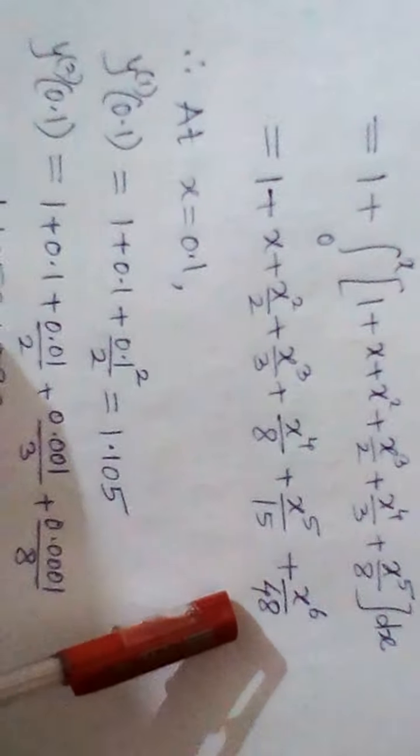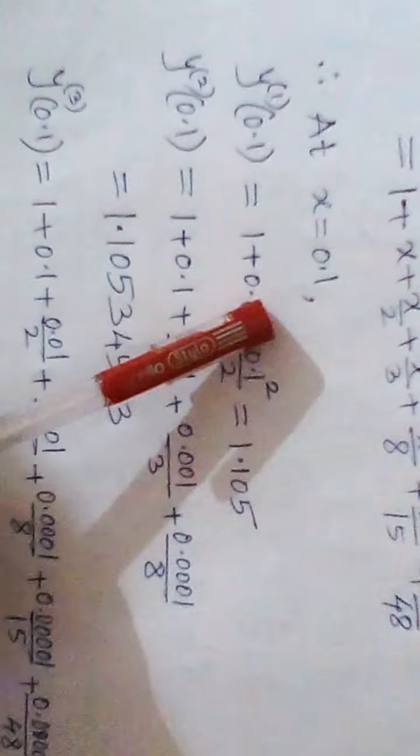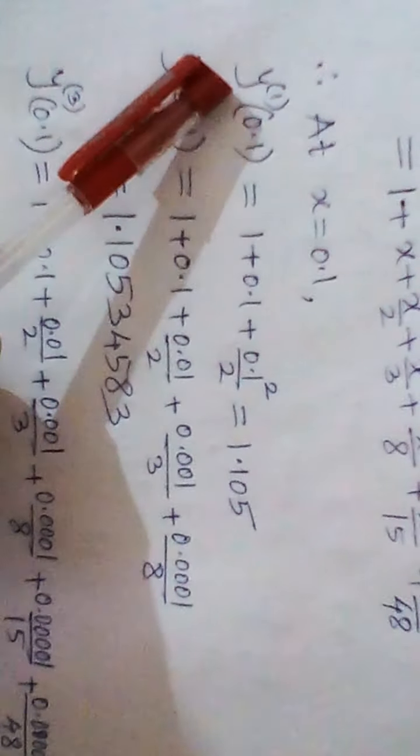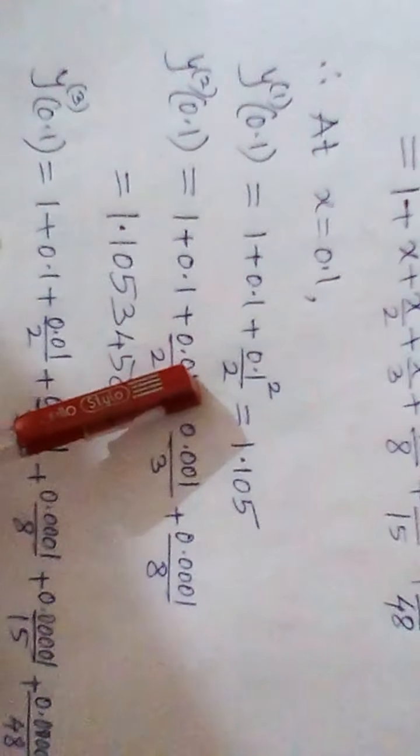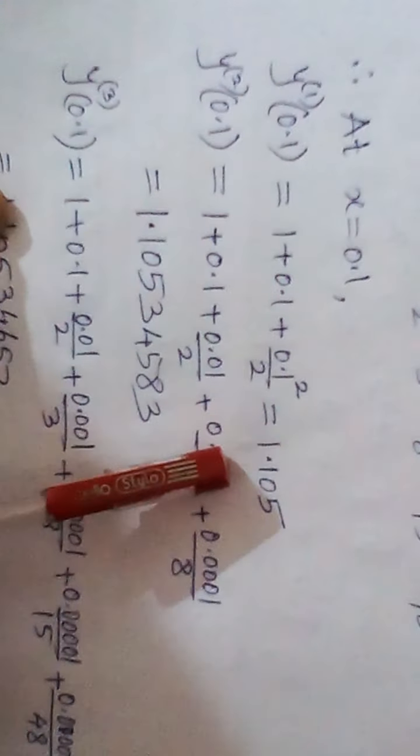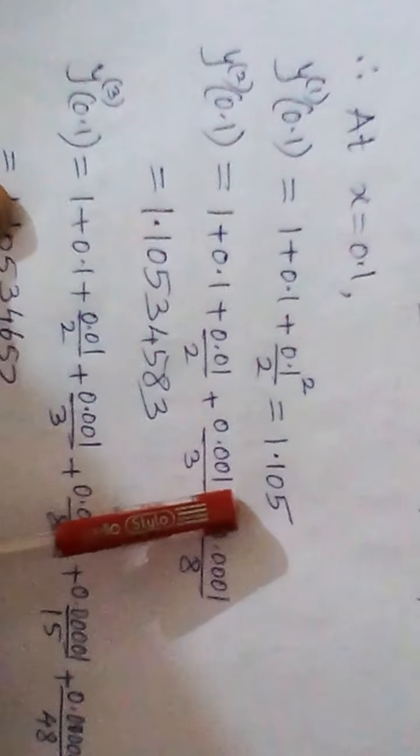Now we are asked to calculate the value of y at x equal to 0.1. So let us see what the approximations give. First approximation at 0.1, you are getting 1 plus 0.1 plus 0.1 square by 2, which amounts to 1.105.